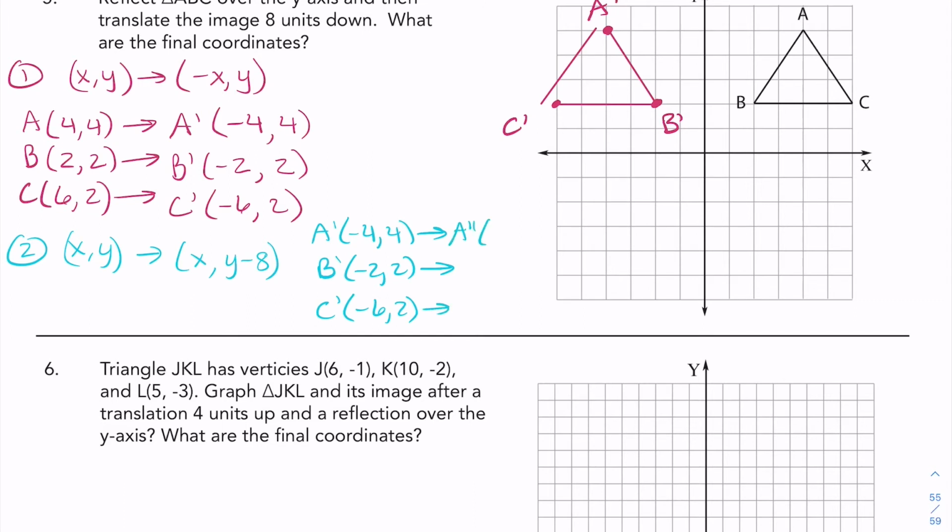A double prime, B double prime, and C double prime. We're taking 8 away from the y, so -4, -4, -2, -6, and -6, -6.